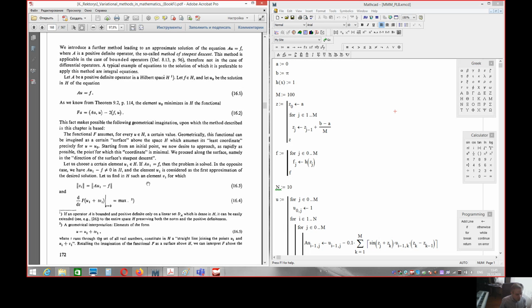Starting from an initial point, we now desire to approach as rapidly as possible the point for which this coordinate is minimum. We proceed along the surface, namely in the direction of the surface steepest descent.